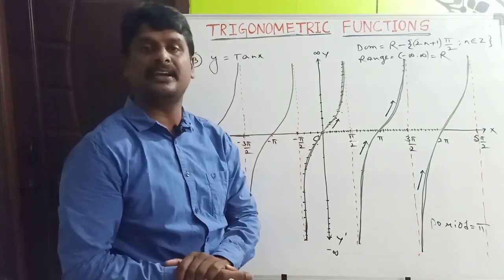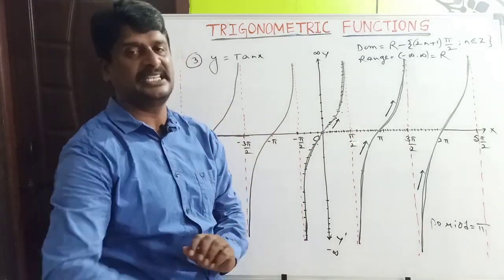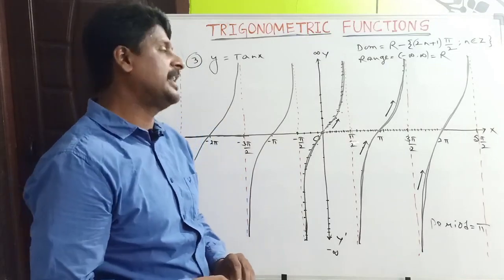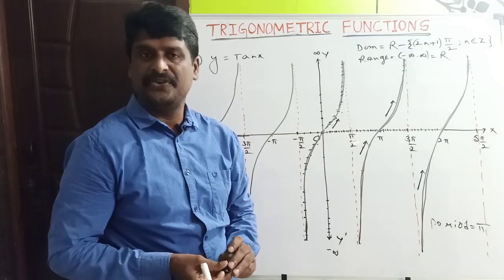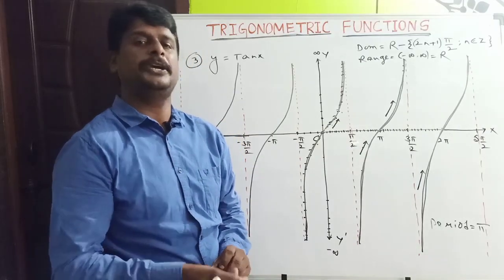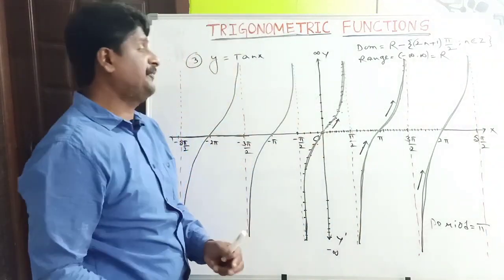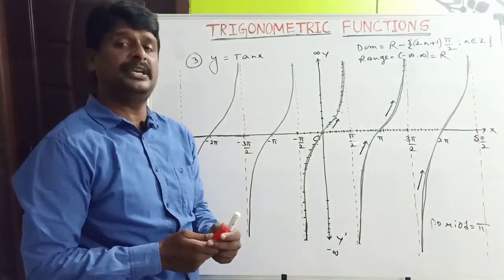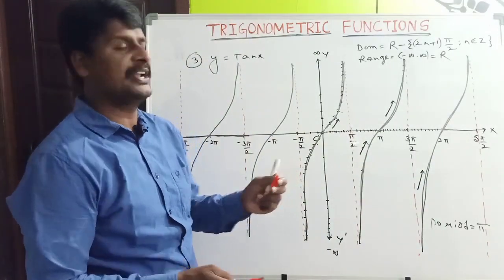It is periodic, and always increasing in nature. And what about 1-1 nature? When we say that a function is 1-1, if you draw a straight line and it intersects the graph at only one point, then it is 1-1.